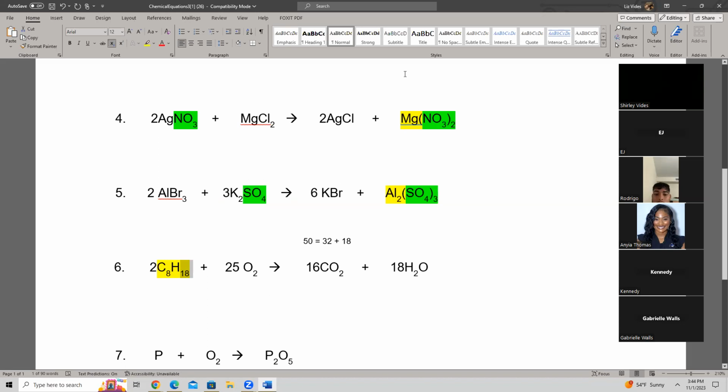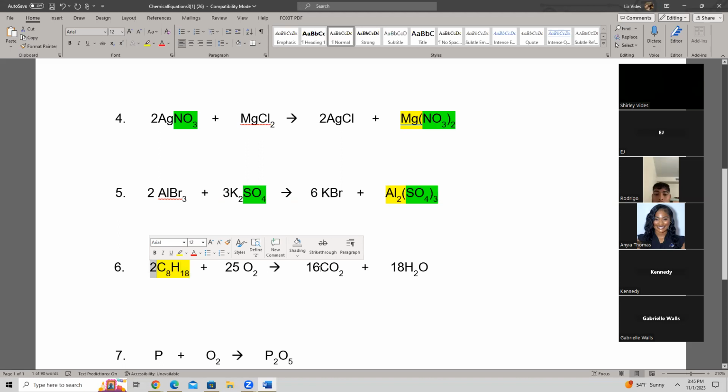The oxygen needs to be even because oxygen is always O2. Therefore, the number that you end up with has to be even. So when you check this right here, you divide it by 2 because you have 2 already here, right? So if the number that you get is an odd number, which 18 divided by 2 is 9, then I would just start by doubling everybody to begin with.